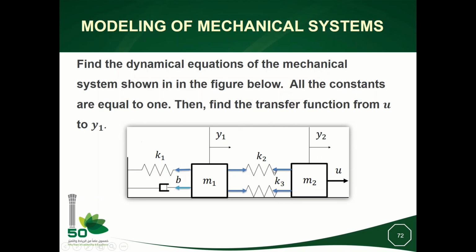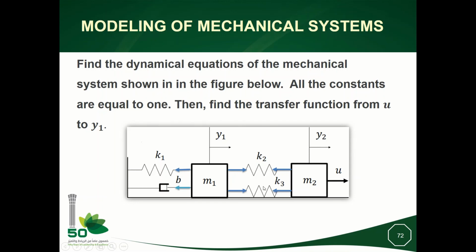This force and this force have the same magnitudes, but they are acting in an opposite way. So this force, as I said, is K2 times Y2 minus Y1. So this one is the minus of this force, which means it is minus K2 times Y2 minus Y1. The same thing here.